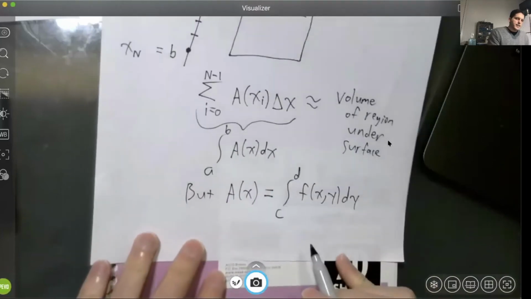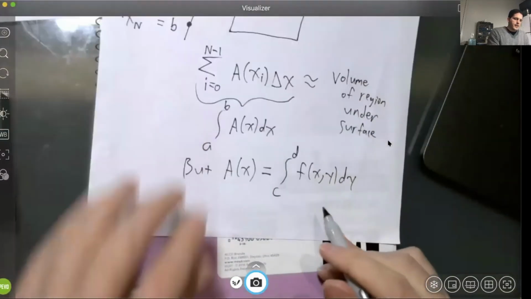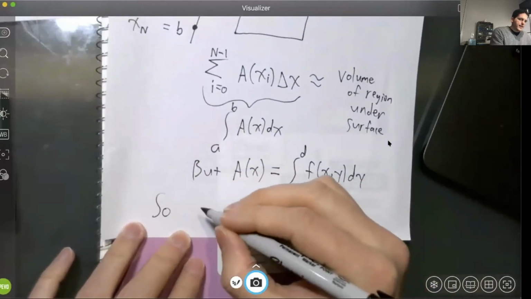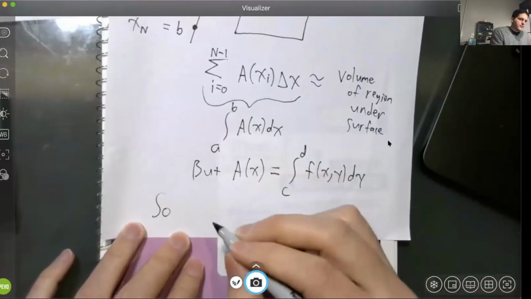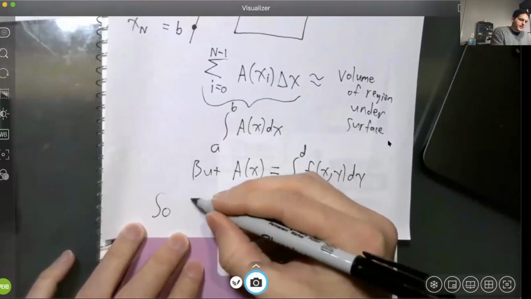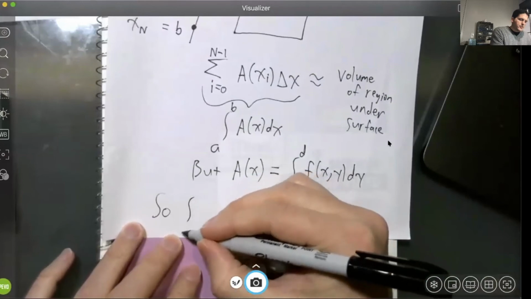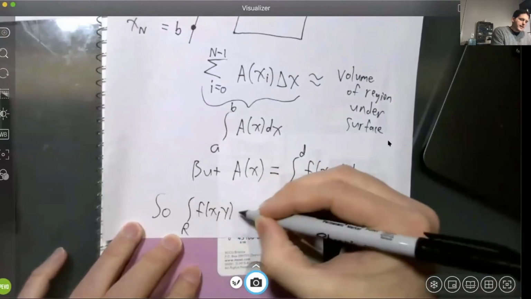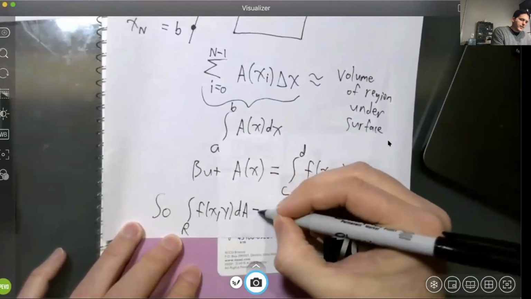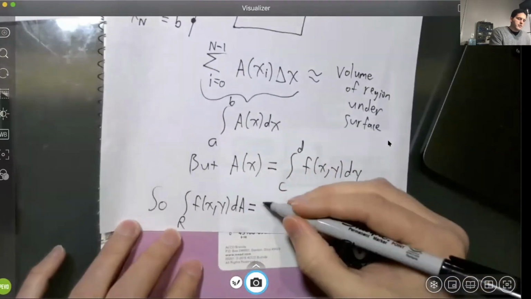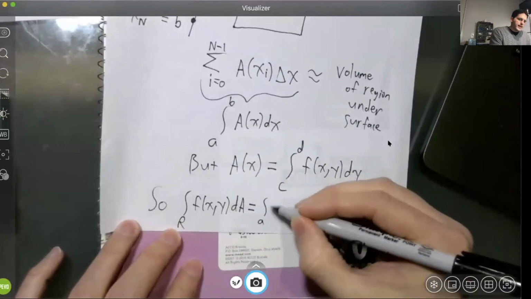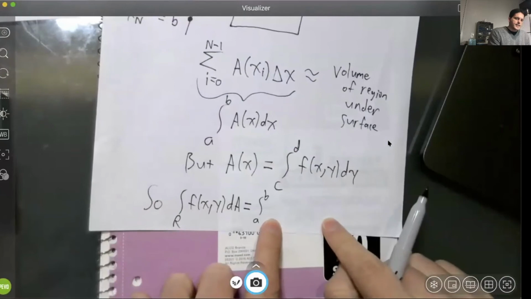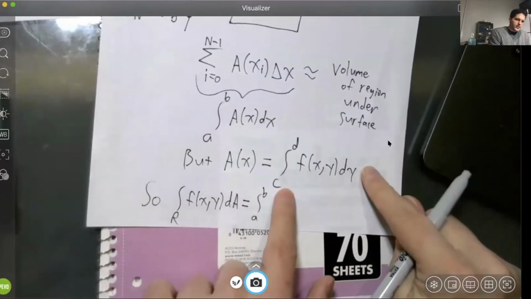So putting these pieces together, what we discover is that the volume of the region under the surface, in other words, the integral over R of f of x, y, dA, is equal to the integral from a to b of A of x dx, but A of x is given by this integral.